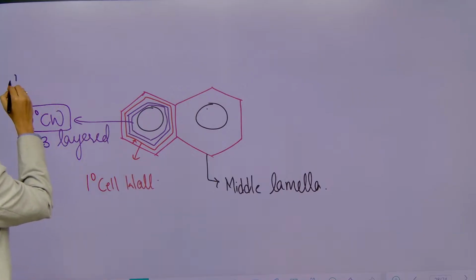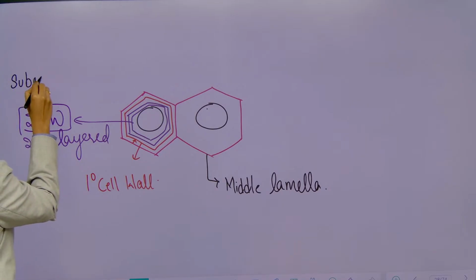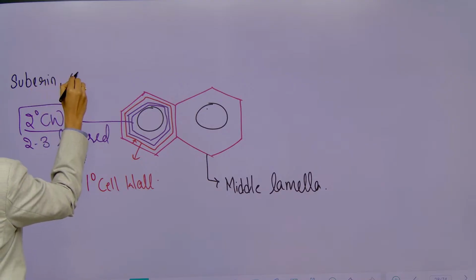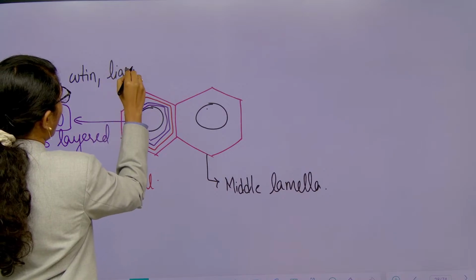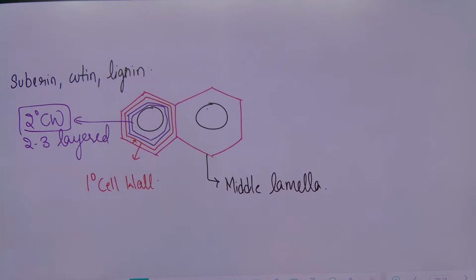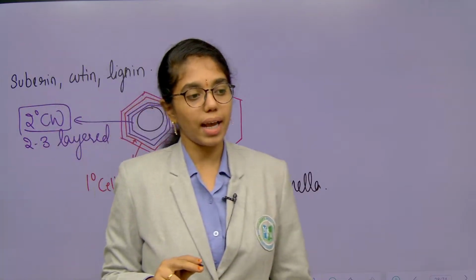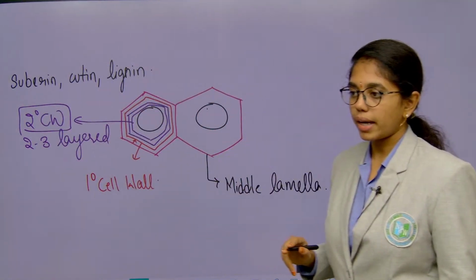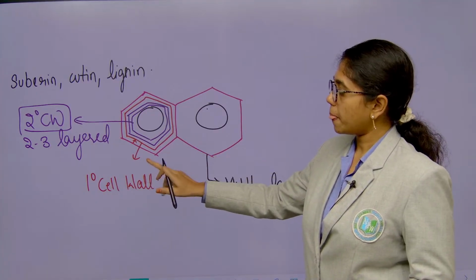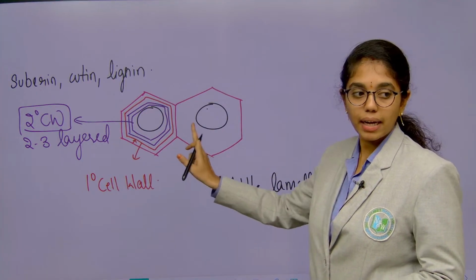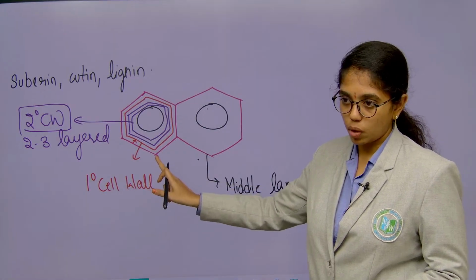Secondary cell wall will have what depositions? Suberin, cutin, lignin. All these are secondary cell wall compositions, right, which will make it very brittle, and this is impervious for water exchange. Clear, right, till here? So, now if you see, after the formation of middle lamella, next the primary cell wall and secondary cell wall layers.